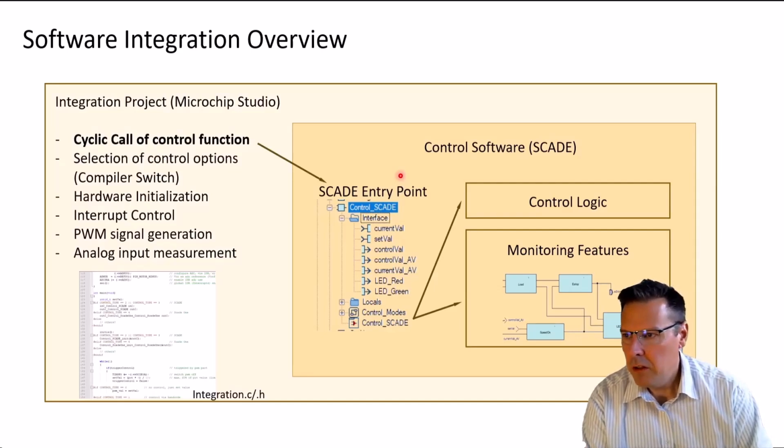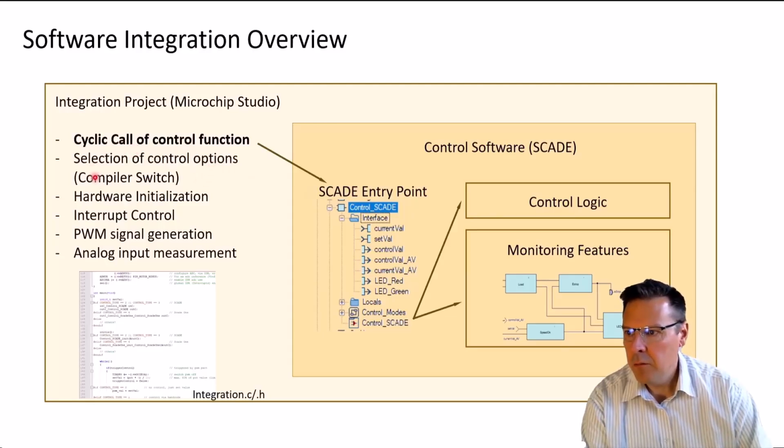This graphical overview shows the integration project. This is the large box here. This is implemented in Microchip Studio. As mentioned before, the main task is here to call the SCADE entry point operator in a cyclic manner.